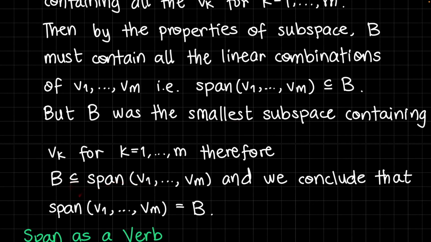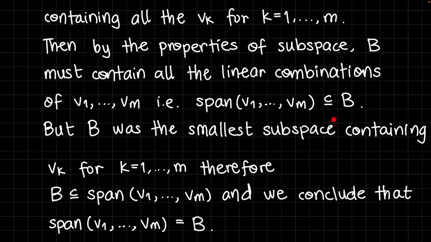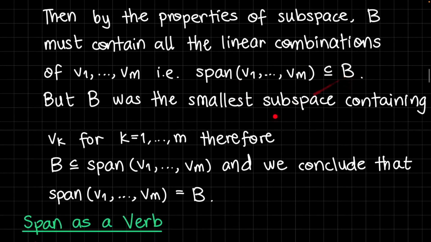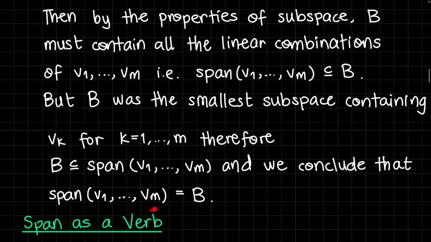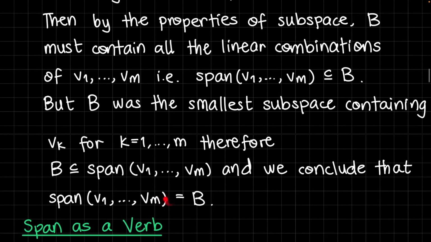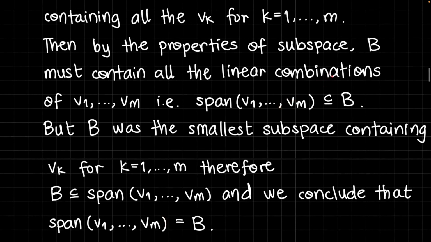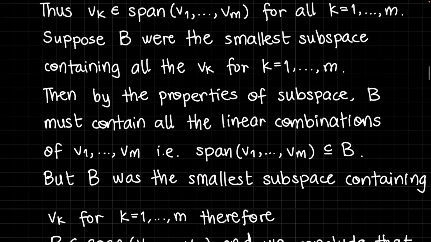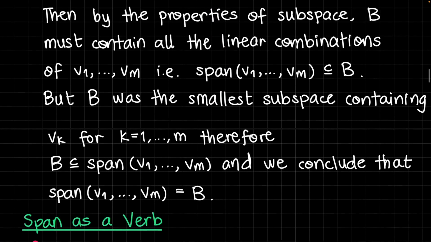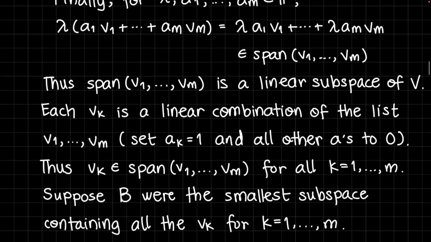So B must be inside the span, so B is an improper subset of span. And from before we have span is an improper subset of B. Both of them have to be true, so we must have that the span of v1 through vm equals B. And that's it. So the span is the smallest subspace of V that contains all the list vectors. That's what we had to prove. We're done.